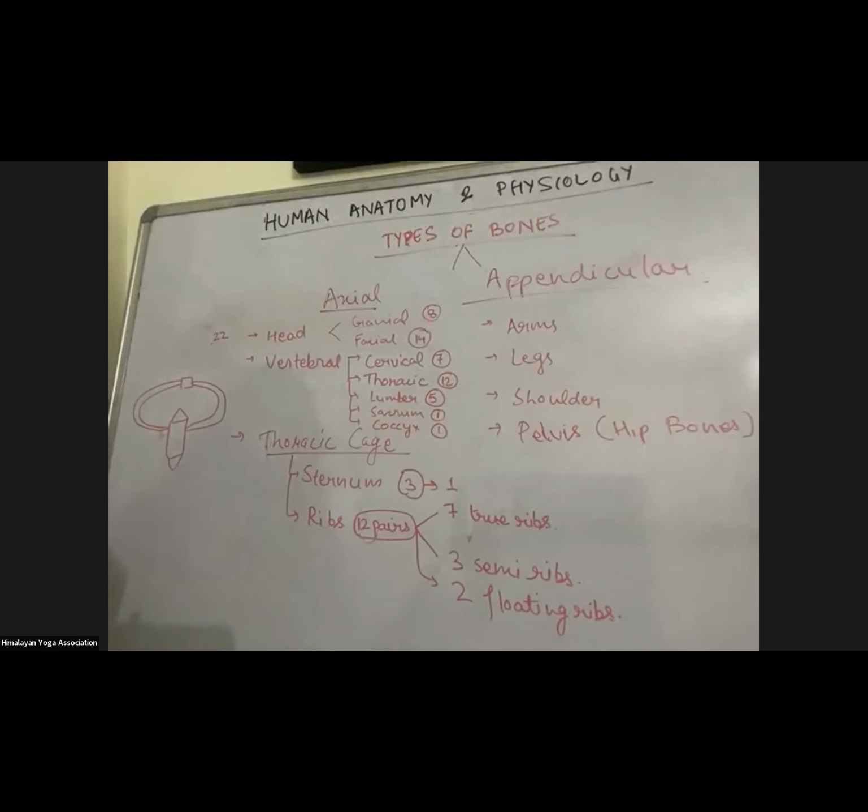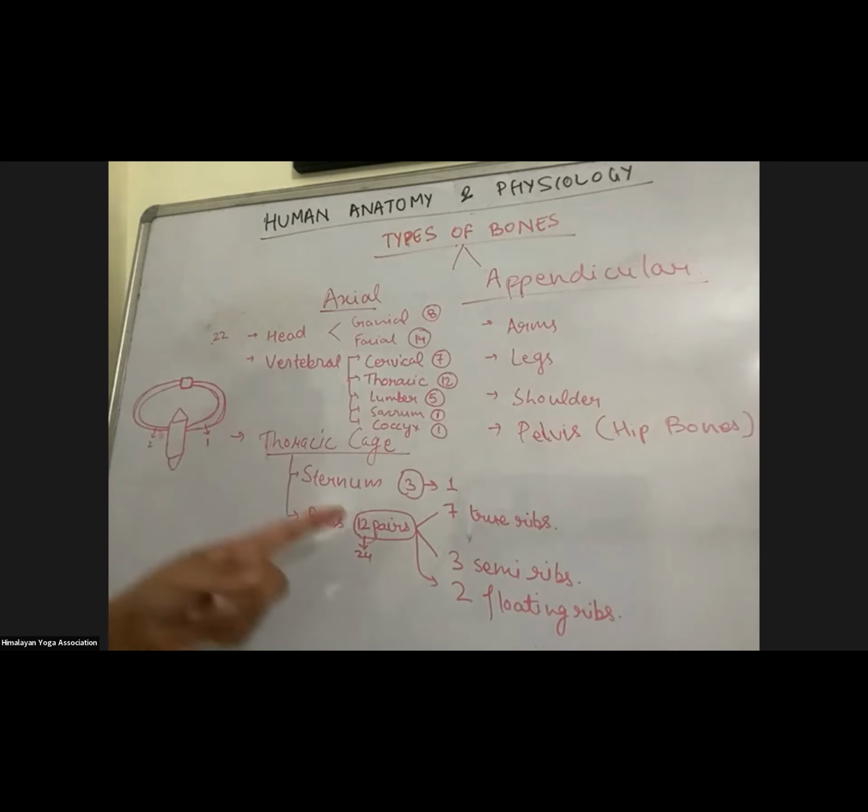Suppose this is a vertebrae. From there, the rib, this is one pair. So when I'm saying 12 pairs, that means there are 24 bones. This is one pair, so 1 and 2, 2 bones. And they are connected to sternum.